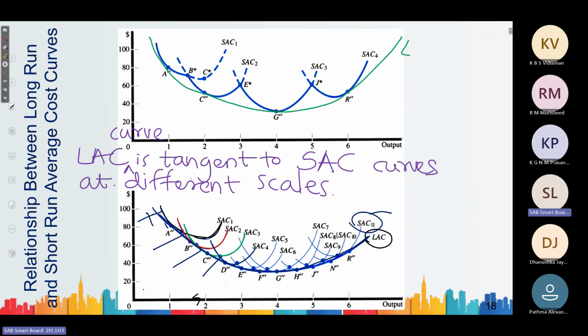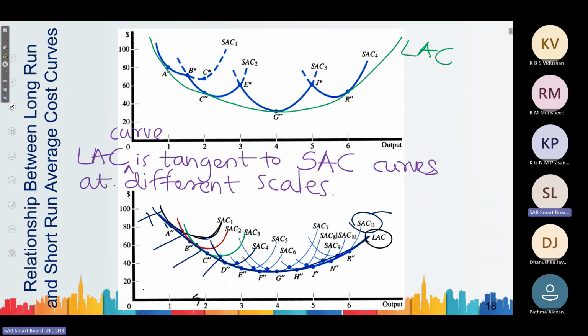This is the long-run average cost curve. Here we have shown only 4 scales. In the diagram below, we have shown multiple scales up to 11. So this is a simplified version, and this is a more complex version.